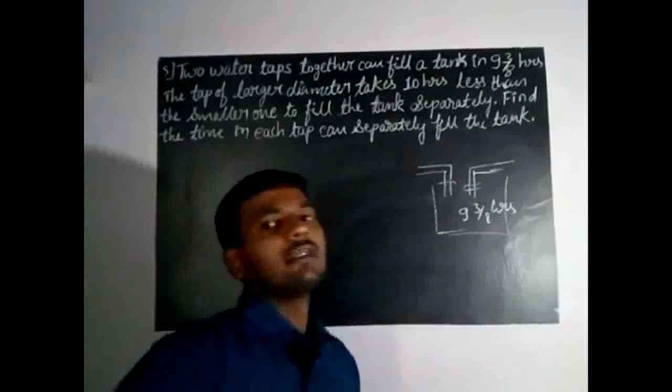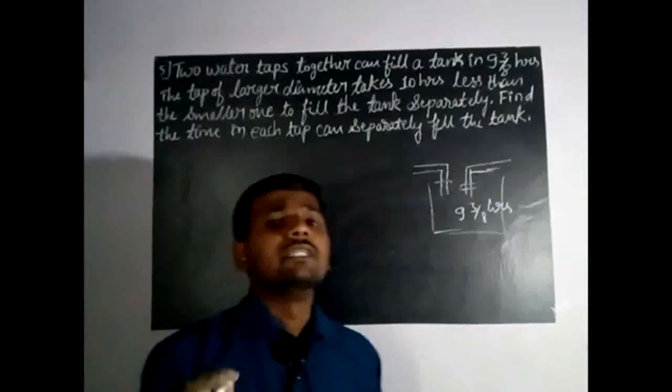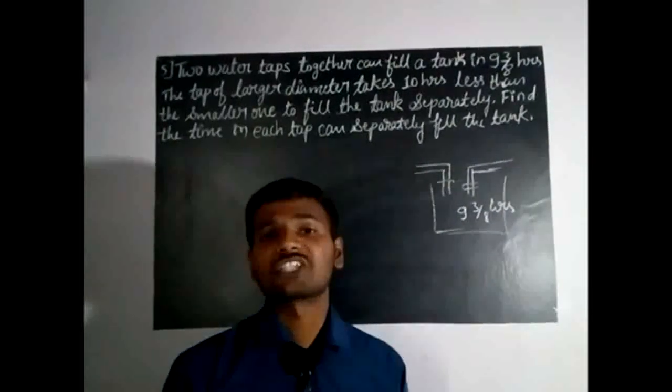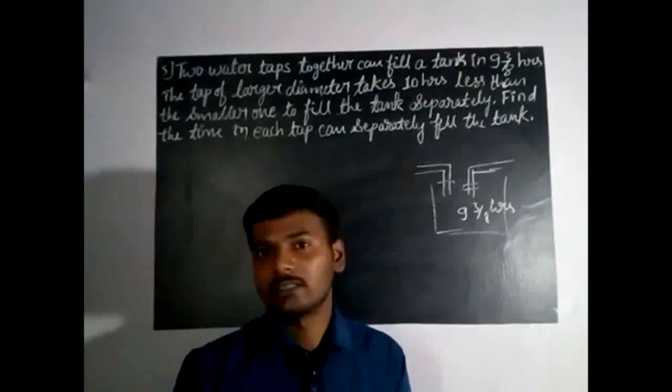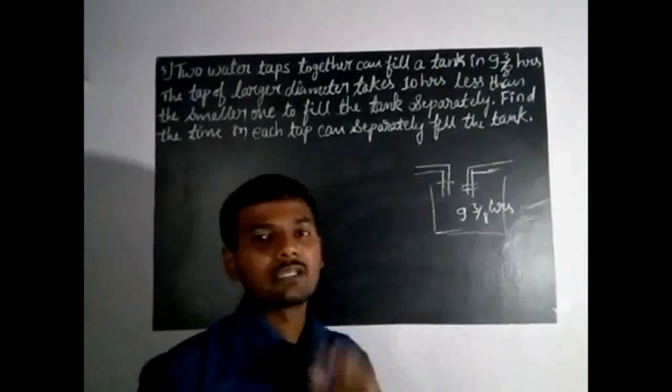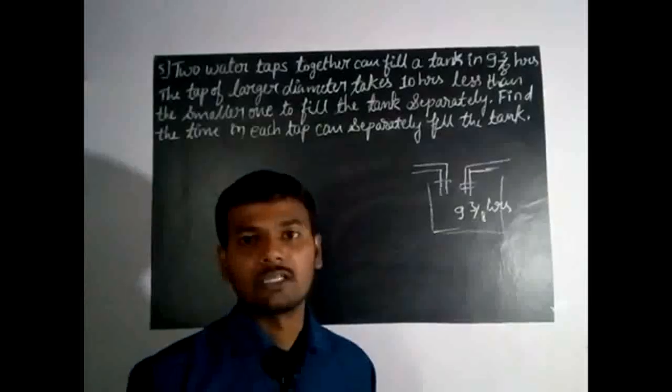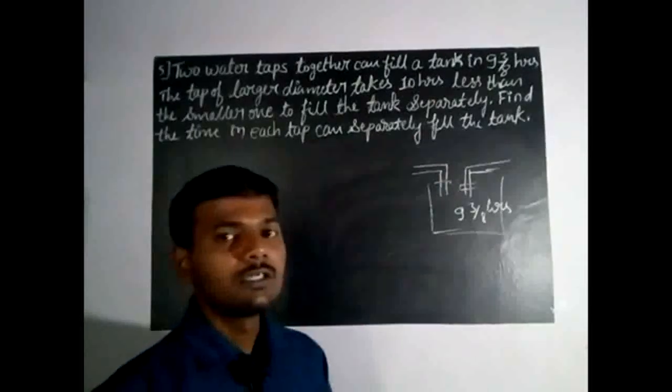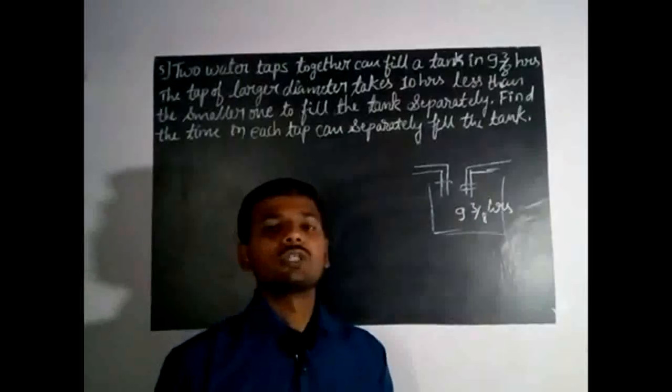Then what we have to find here is, individually, how much time would they take to fill the tank. Okay, let us find the time taken by the two individual taps.